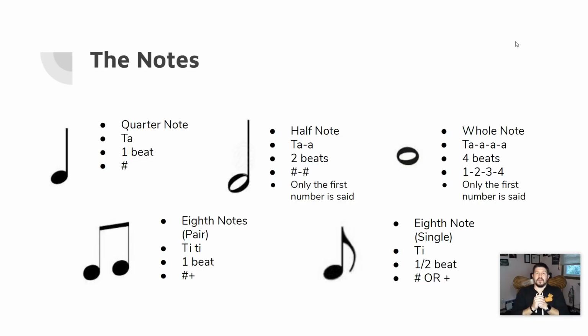It's telling you that you're going to count a certain number or group of numbers. For example, the quarter note has a single number sign. That means that it gets one whole number. Whether it's beat 1, 2, 3, or 4, it is going to get a single whole number, and that's all that it gets.